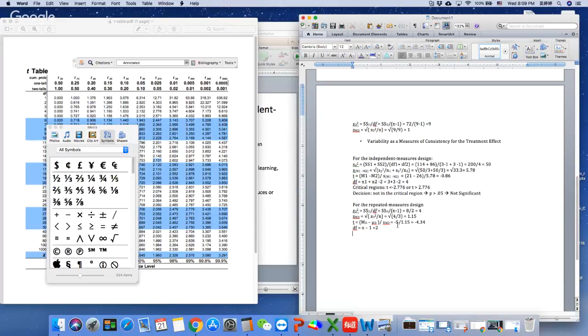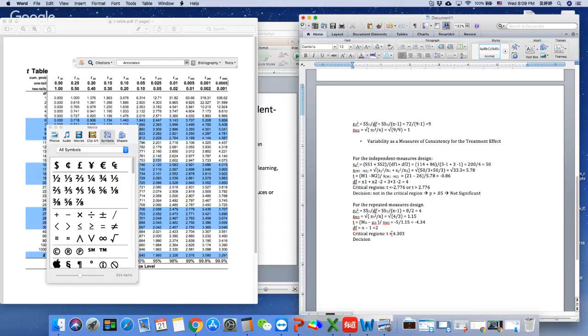Here, for degree of freedom as 2, for repeated measure design, use the same data set. So we know here the critical region is T greater than 4.303.